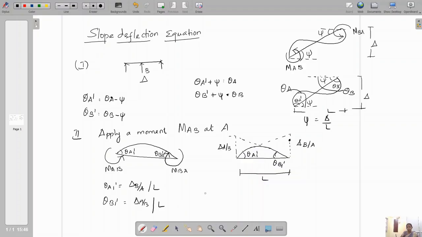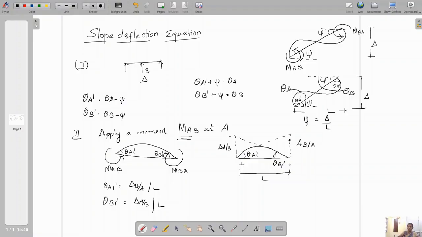Now, our responsibility is to find the deflection delta B by A and delta A by B. So this is only due to the application of MAB at A. Some moment will be created at B. So our considered direction is followed only at A. So I am considering this is positive, but the resultant moment is not in the same direction of the assumed direction.